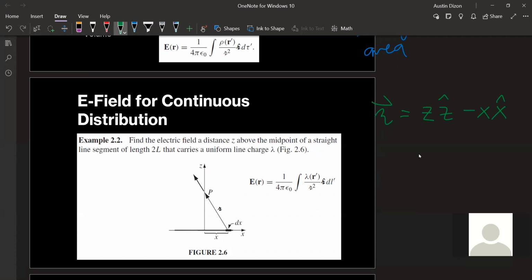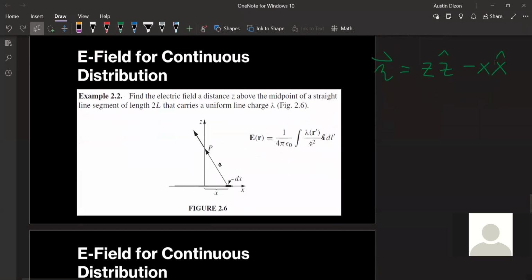Kasi ito ay X, ito ay Z, and then if you're gonna get the vector here, that would be X plus your curly R must be equal to Z. So ito yun. Nilipat-lipat ko lang. Okay. Klaro? Hindi naguguluhan.